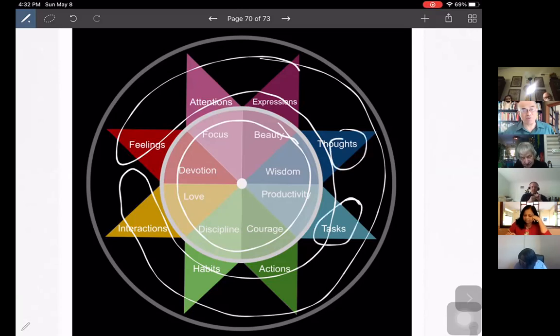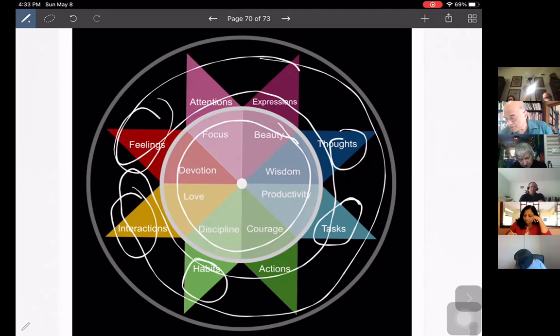The things that they happen to be doing at work, whatever habits they have, whatever interactions they have by just geographic proximity with people, whatever feelings they happen to have, however they are directing their attention, all of that, they say, that is me. So they are looking into this mirror, but looking only at the frame. And the frame has no glass. They're seeing something which is wooden, and they think that is them.